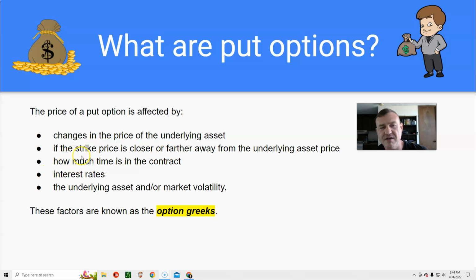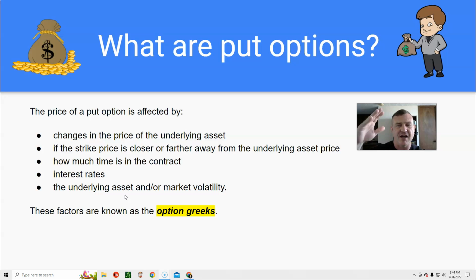How much time is in the contract? If you are buying a put option that has a year's worth of value versus a month's worth of value, two different prices. Interest rates. For the trading that I've done, this has been the one that has really affected me the least. The underlying asset and or market volatility.